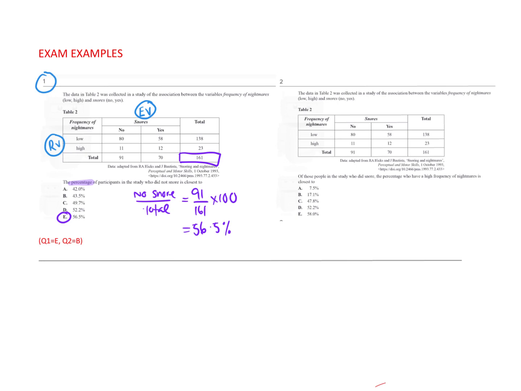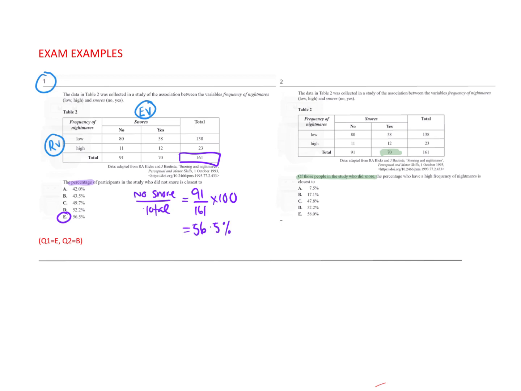Okay, so then we're still looking at the same table. Of those people in the study who did snore, so be careful. Now they're only talking of the snoring people, the percentage that had a high frequency. So the total in snoring people was 70.